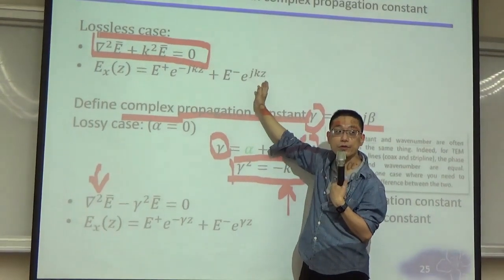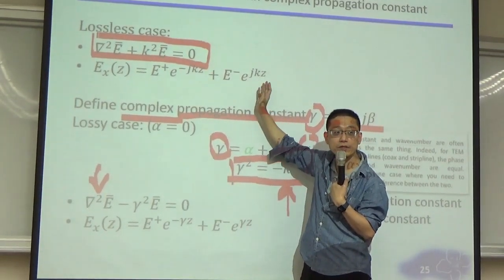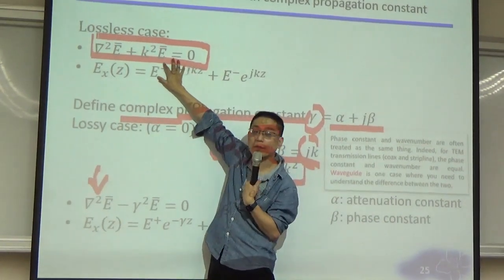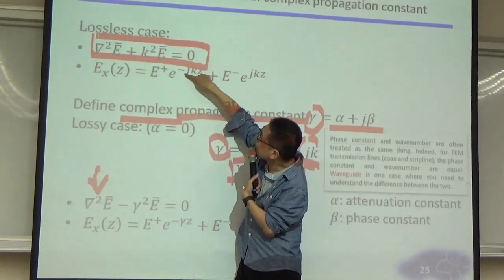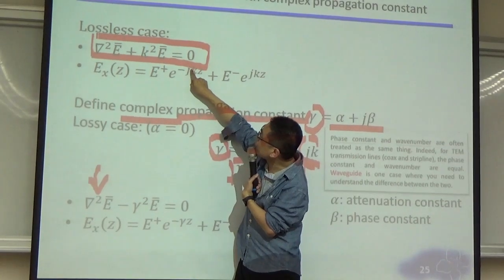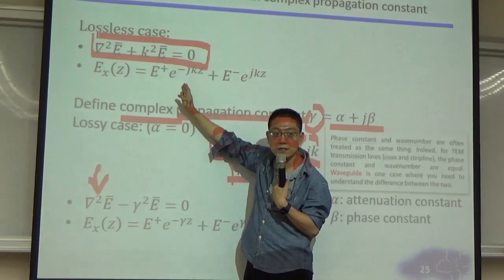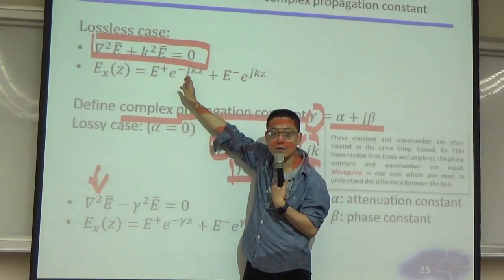You should be very familiar with this because this is your quiz. Your quiz only has this part. When you see minus jk here, it means alpha is 0. So you have this term.